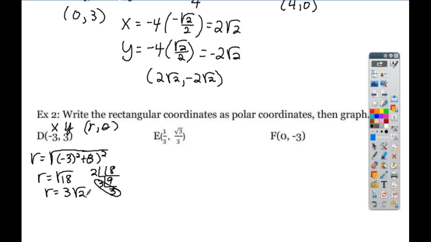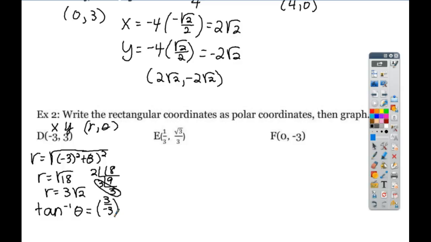So, once I find the r, now how do I find the theta? The inverse tangent, right? So y over x. 180 or pi, one or the other, right?